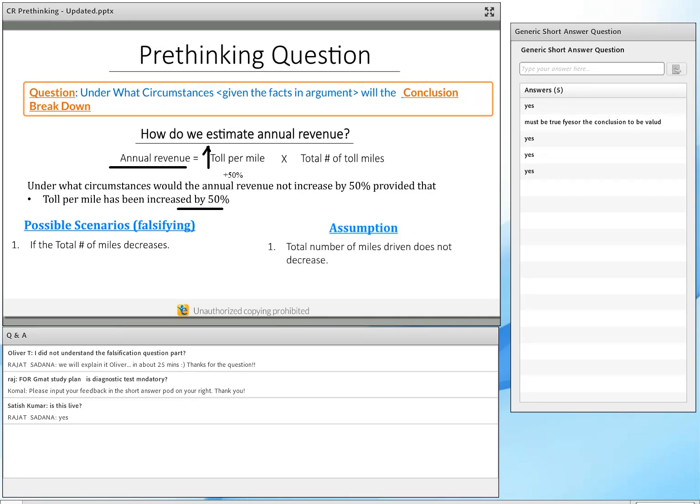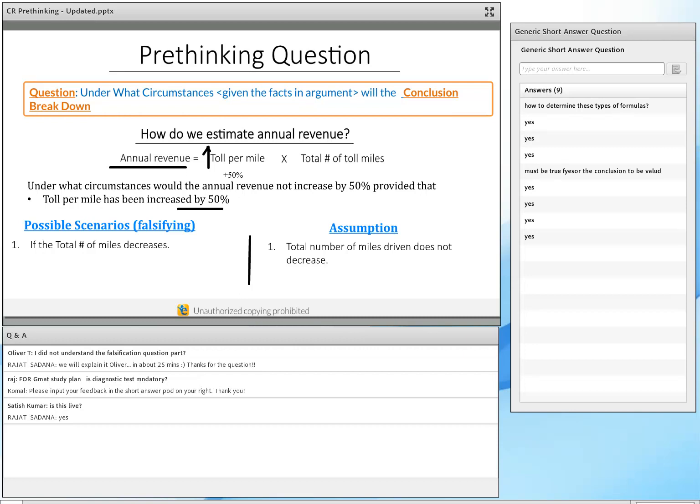Okay. So my assumption is that the total number of miles driven does not decrease. I want you to hone in on this assumption.